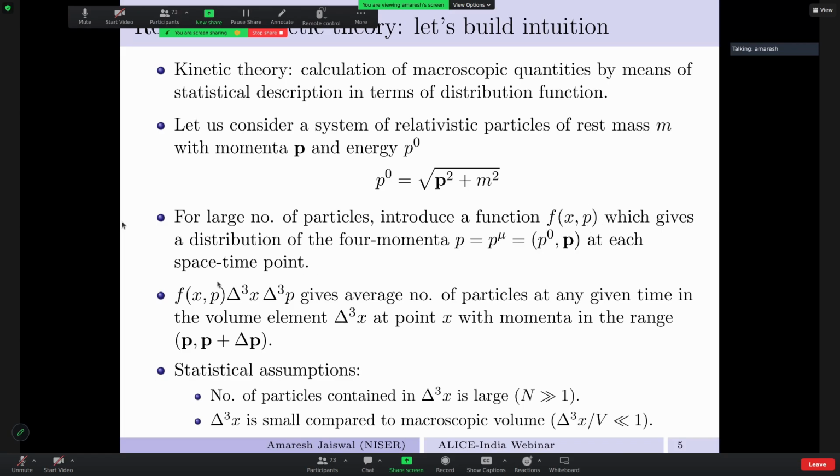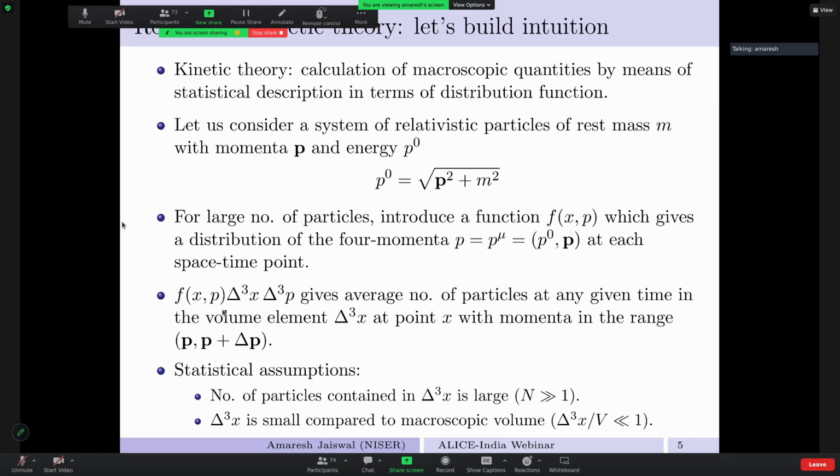It is defined such that the quantity f of x,p delta 3x delta 3p gives the average number of particles in a volume element delta 3x at a point p in the range p plus delta p. Okay, so in the phase space, essentially f of x,p represents density in the phase space.